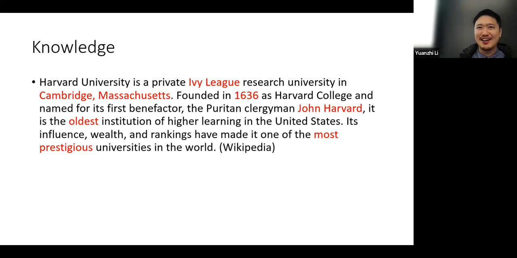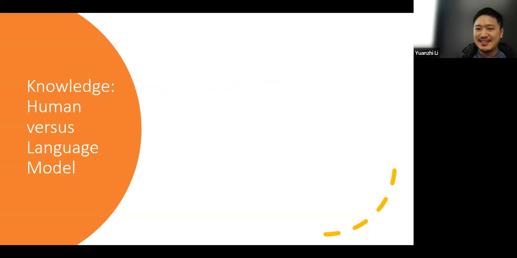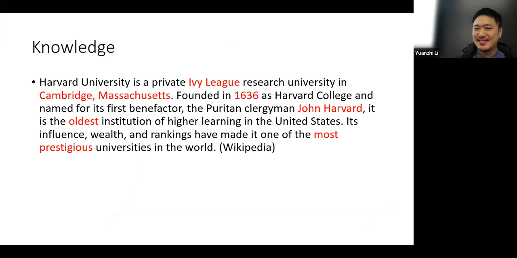So you may think that the answer is obvious, but for this talk, we are going to see that the answer is much more subtle compared to just memorizing those documents. In particular, for a human, after memorizing the document, we are not only able to recite the document, we are also able to answer questions related to the document. We can answer simple questions like, when was Harvard founded? And this document in particular says it's founded in this year.